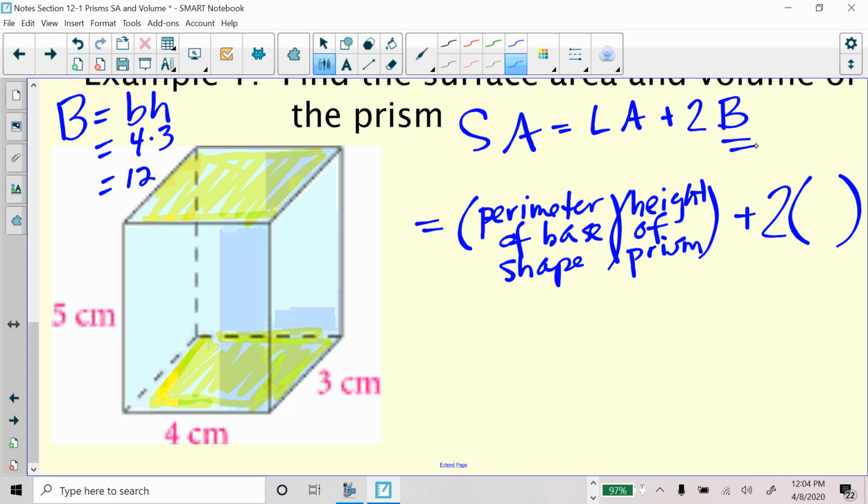But remember, we already found that over here, so I'm going to put a 12 right there because we found that. Be really careful when you're finding the perimeter of the base shape, whatever base you chose, that's what you need to use to find that perimeter.